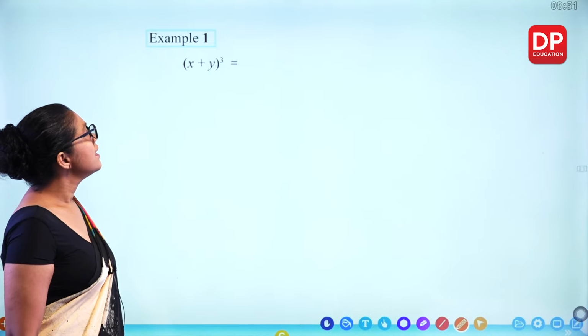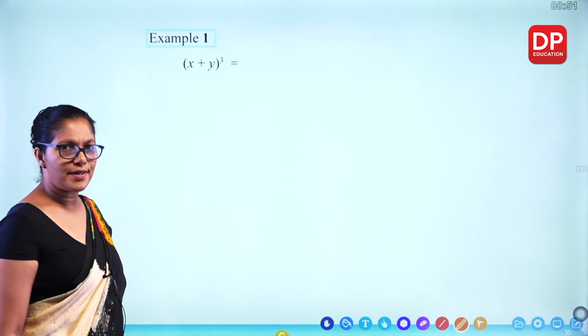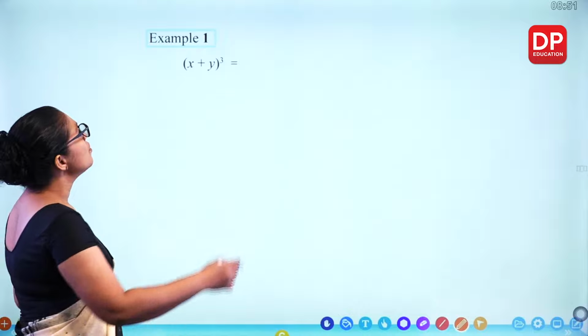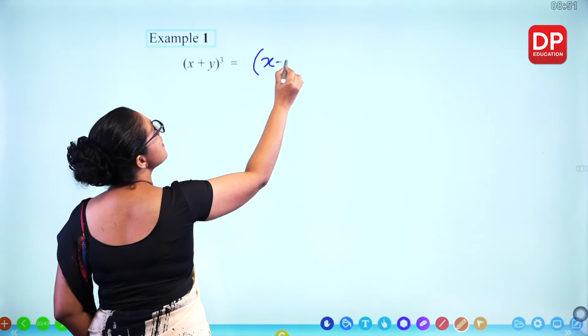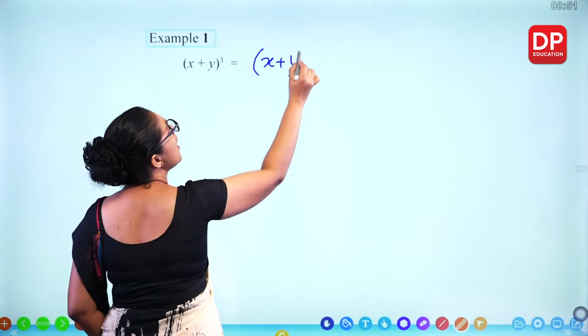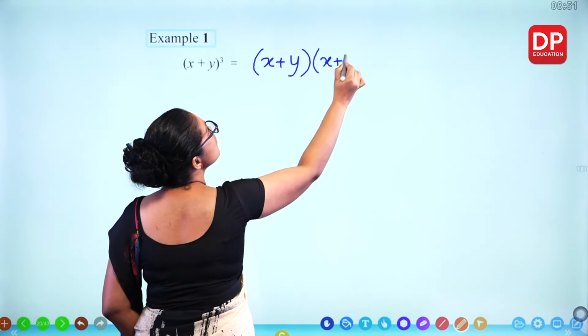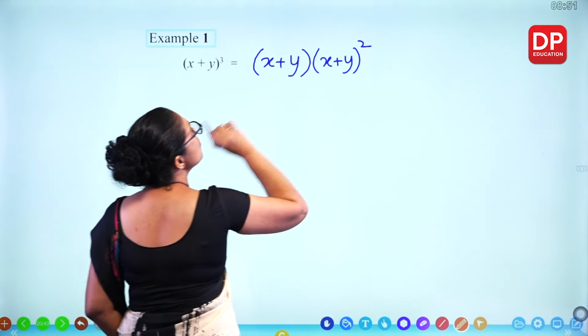Now we'll look at example 1 in your textbook. It says x plus y to the power 3. So we'll do the normal way and explain what x plus y cubed means. x plus y and x plus y to the power 2.